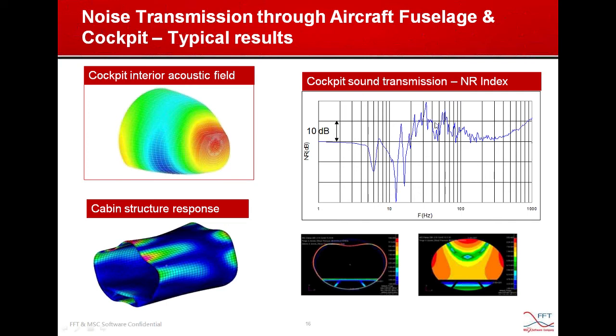And we can see that this NR curve is divided into different frequency ranges. In low frequency ranges, we have a very pronounced modal behavior, while starting from some frequency, we enter into a mass law region with a smoothed curve, so less pronounced modal behavior.